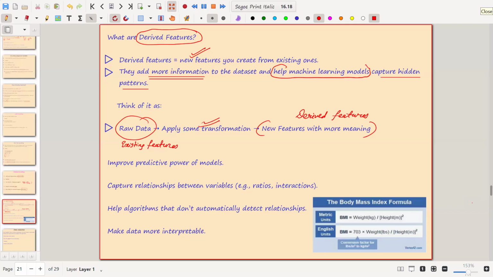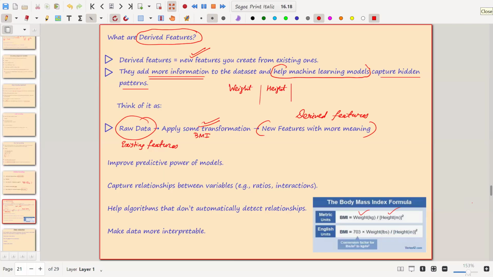You can see the weight and the height are the existing features of the dataset. Now I am applying a new transformation, that is the BMI over here. How can I compute the BMI using weight and height?